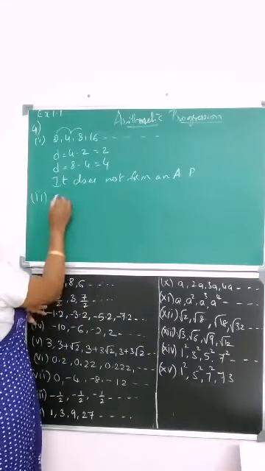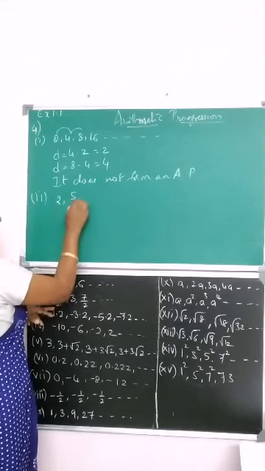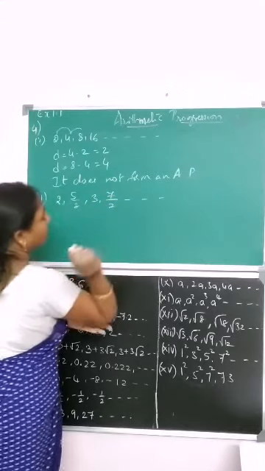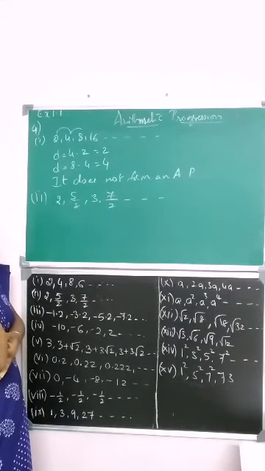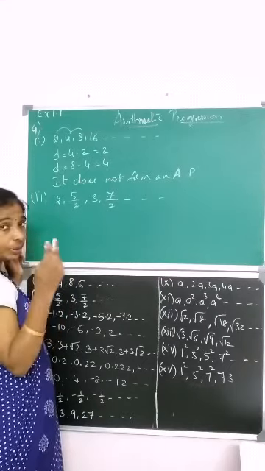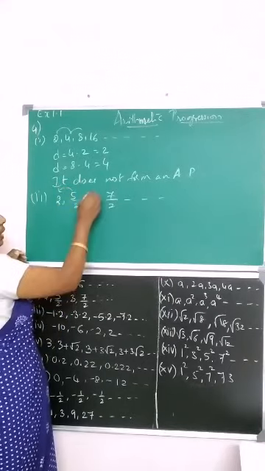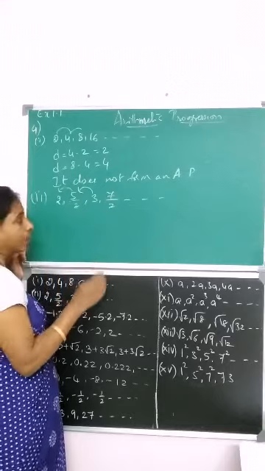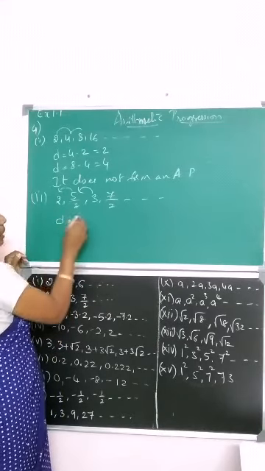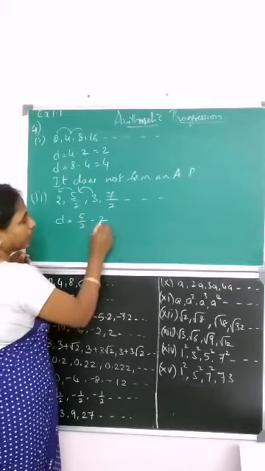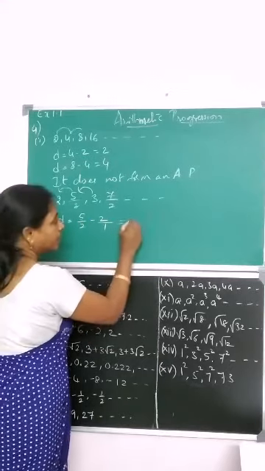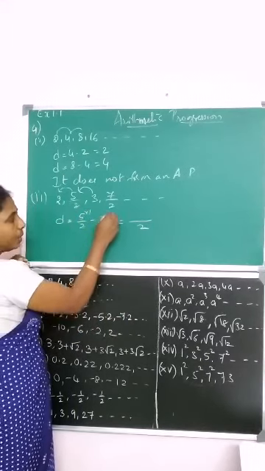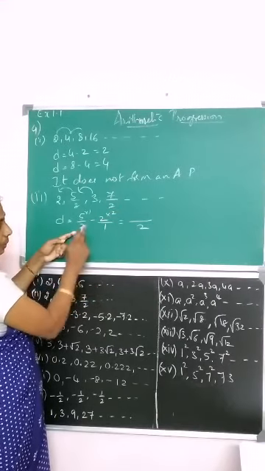Next one, second one, 2, 5/2, 3, 7/2. ಸರಿನಾ? ಇದರಲ್ಲಿ ಫಸ್ಟ್ ಕಾಮನ್ ಡಿಫರೆನ್ಸ್ ನೋಡ್ಬೇಕು. ಕಾಮನ್ ಡಿಫರೆನ್ಸ್ ನೋಡ್ಬೇಕಾದ್ರೆ ಯಾವಾಗ್ಲೂ ಒಂದ್ ನೆನ್ಪಿಟ್ಕೊಳ್ಳಿ, 2 ಸತಿ ನೋಡ್ಬೇಕು. ಅಂದ್ರೆ a2 - a1 ಒಂದ್ ನೋಡಿ, a3 - a2 ನೋಡಿ. ಒಂದೊಂದ್ಸತಿ ಅದು ನೋಡಿದ್ರೆ ಮಾತ್ರ ನಿಮ್ಗೆ ಗೊತ್ತಾಗುತ್ತೆ ಸರಿ ಹೌದೋ ಅಲ್ವೋ ಅಂತ. ಓಕೆ, ಕಾಮನ್ ಡಿಫರೆನ್ಸ್ ಇಸ್ ಈಕ್ವಲ್ ಟು 5/2 minus 2. ಸರಿನಾ? ಇಟ್ ಈಸ್ ನಥಿಂಗ್ ಬಟ್ 2/1. ಹೌ ಟು ಫೈಂಡ್ ಔಟ್ ದ LCM? 2 is the LCM. 2 1s are 2, 1 2s are 2.